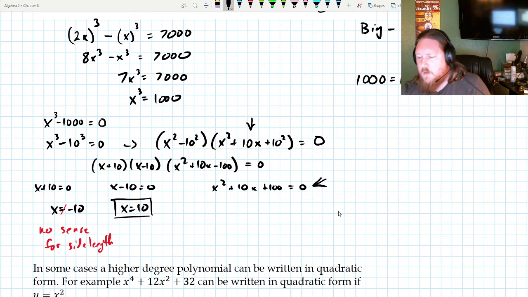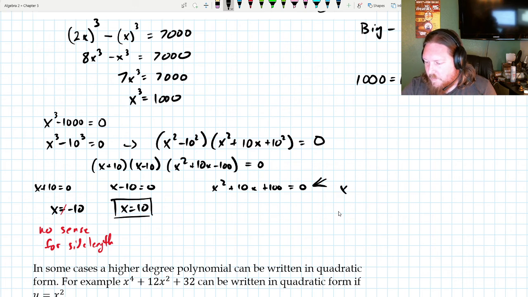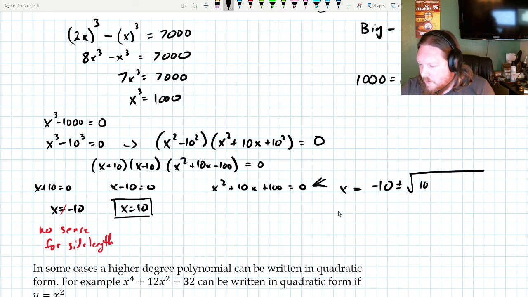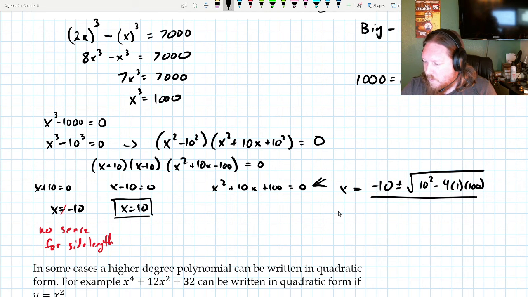I'm sorry. All right, so I'm just going to use the quadratic formula. Negative 10 plus or minus the square root of 10 squared minus 4 times 1 times 100, all over 2 times 1.